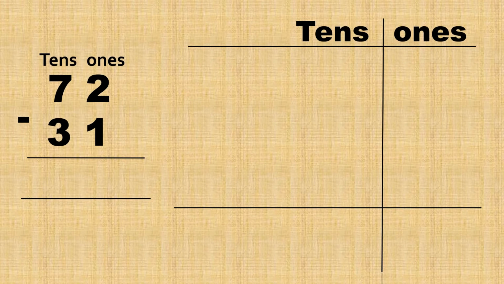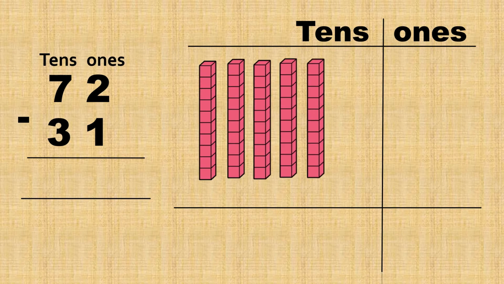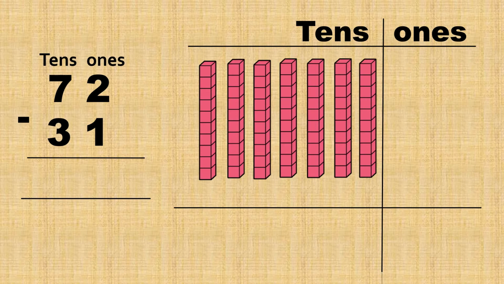Represent the number 70. We can show by using 7 tens block. 1, 2, 3, 4, 5, 6, 7. Similarly, the number 2 is in ones place. Can be shown by using 2 ones block. 1, 2.